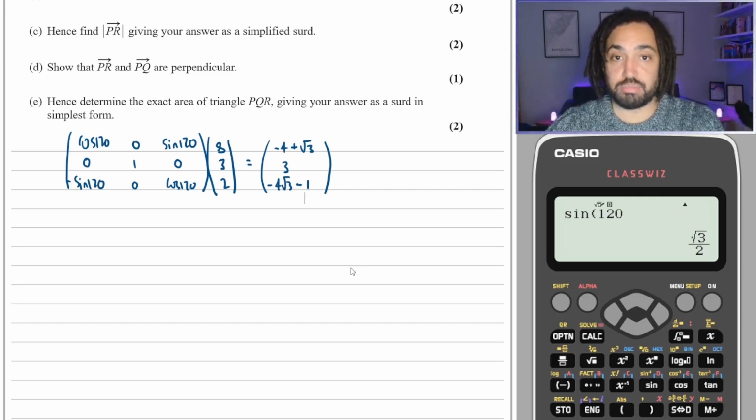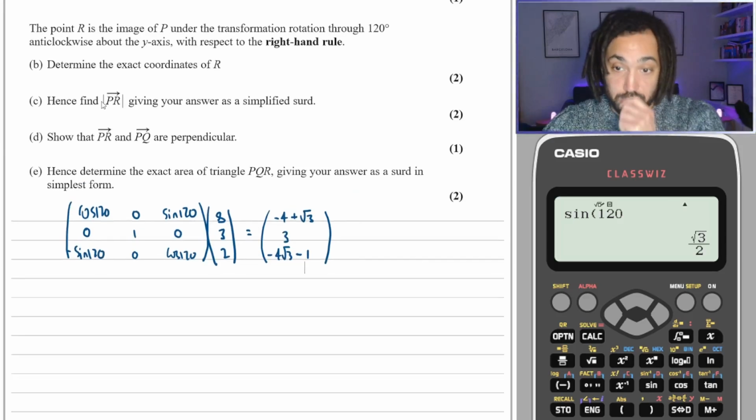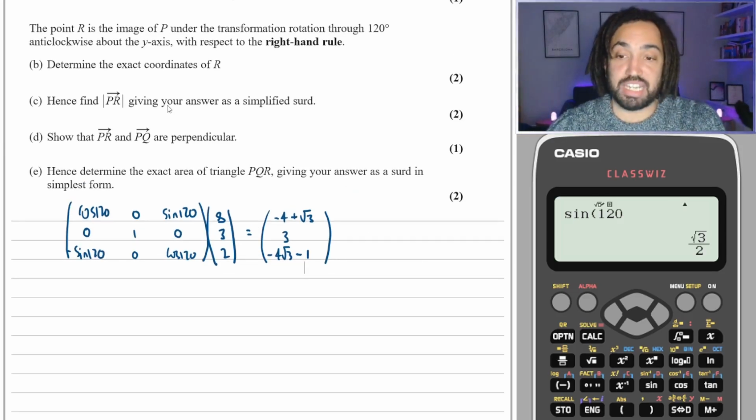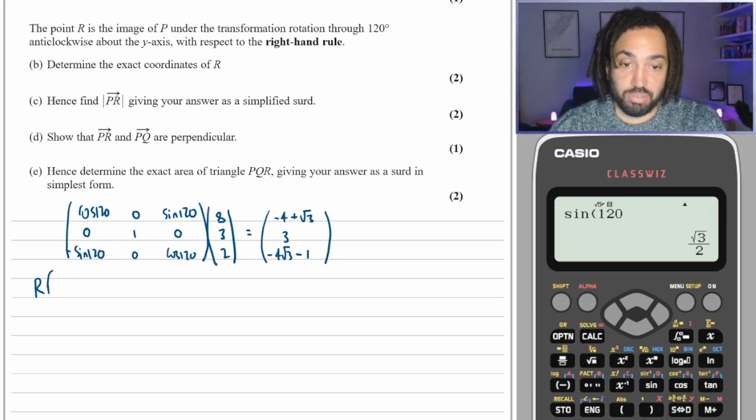Okay, perfect. Next part of the question. Oh, actually, it does say the exact coordinates of R, so I'm going to be very careful here. I'm not going to write it as a position vector. I'm going to write it as coordinates. So that's the x coordinate, that's the y coordinate, and that is the z coordinate. Perfect.